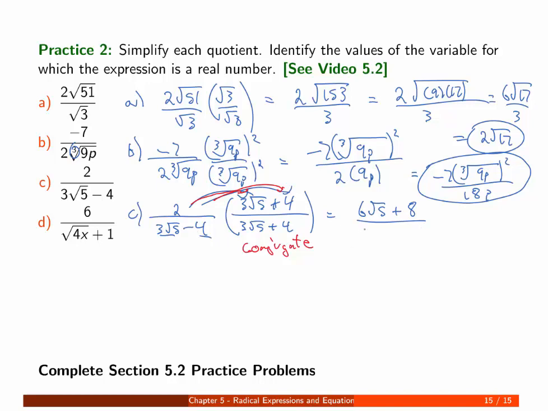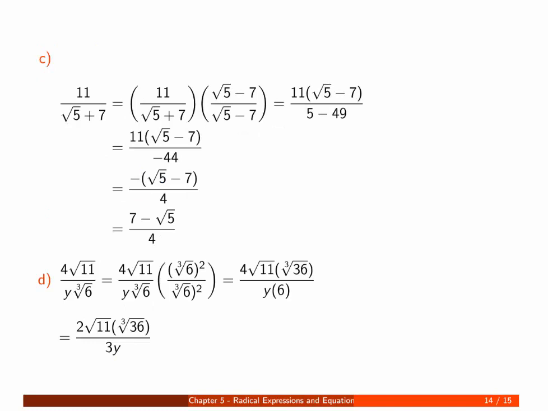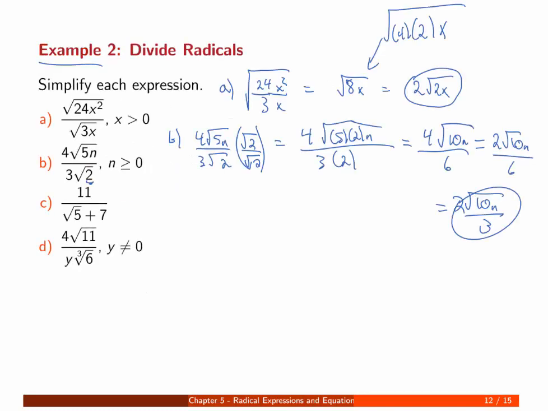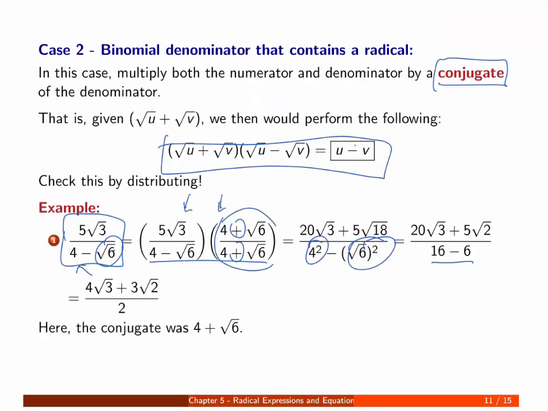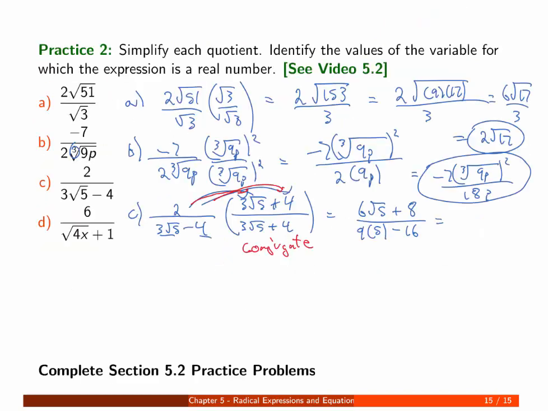So basically what we're going to be left with here is 9 times 5 minus 16, right? When you take a look back at your notes, you're always left with a negative sign in between, and what you're doing is you're going to square both terms.